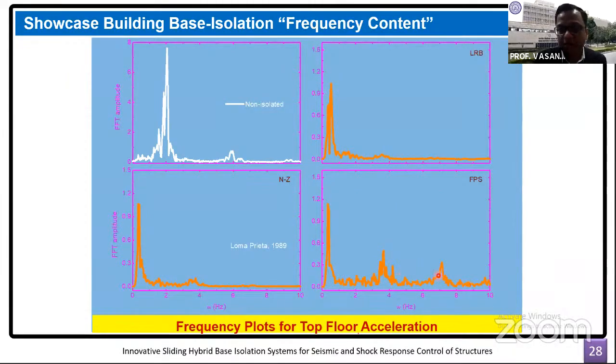Now, if we have some secondary equipment that is sensitive to this frequency range, for example, a generator which has a frequency of 4 hertz, that frequency of 4 hertz of the generator is matching with the frequency of the floor, the acceleration FFT of the floor acceleration here.